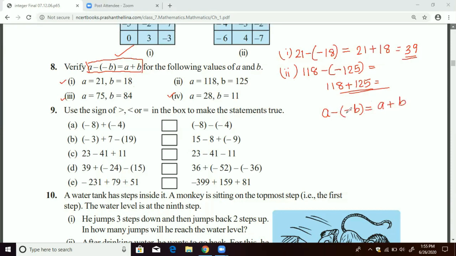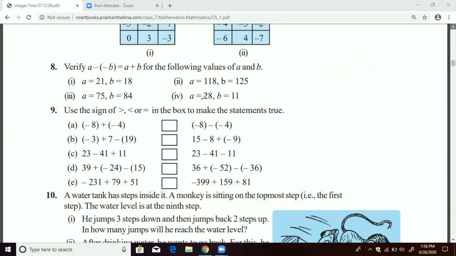Subtraction can be replaced with addition of the additive inverse, and the additive inverse of negative b is positive b, so we can change this subtraction into addition. That is the only logic we are using in this problem. This result will be true for any integer among the infinite collection of integers. Okay, we can move to the ninth question.